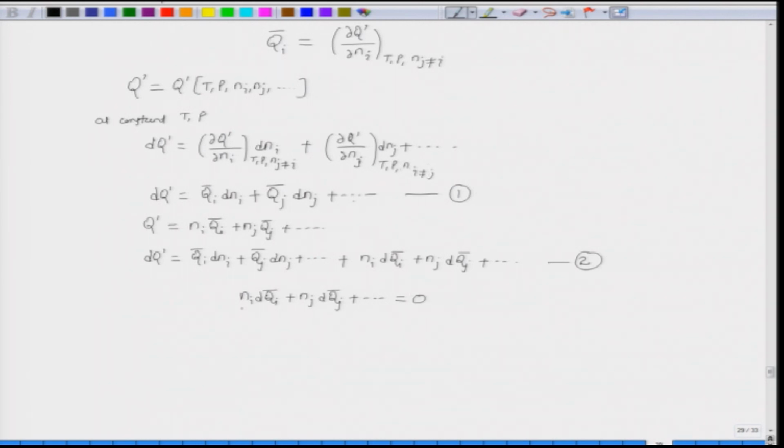Or if we divide this equation by the total number of moles of the system, then we can write xi, where xi is the mole fraction of i, dQi bar plus xj dQj bar and so on equal to 0. Right. So, both these equations are equivalent and they are called the Gibbs-Duhem equation.